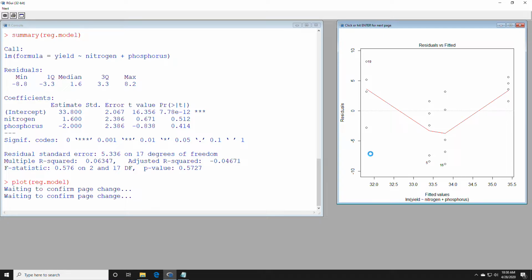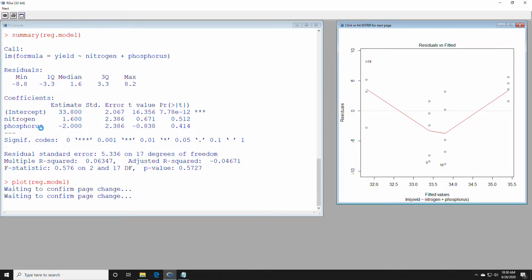And we see a clear pattern, right? And what this is indicating to us is that there is something wrong with the model, okay? It is indicating to us that maybe some sort of a squared or interaction term might be needed. There's something needed in the model, okay?